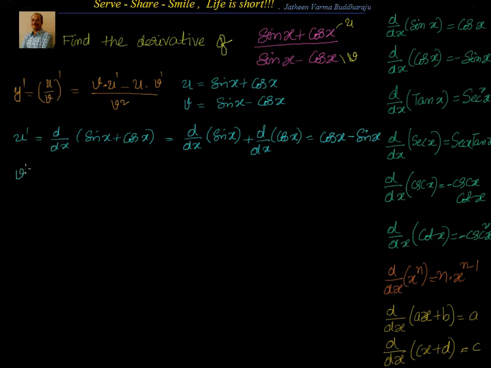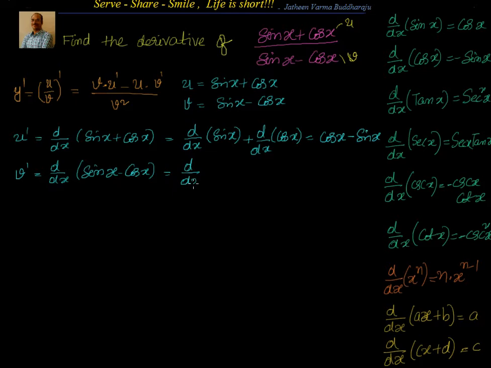Let's find out the derivative of v also. v dash is the derivative of sin x minus cos x. That will be again equal to the individual derivatives subtracted.